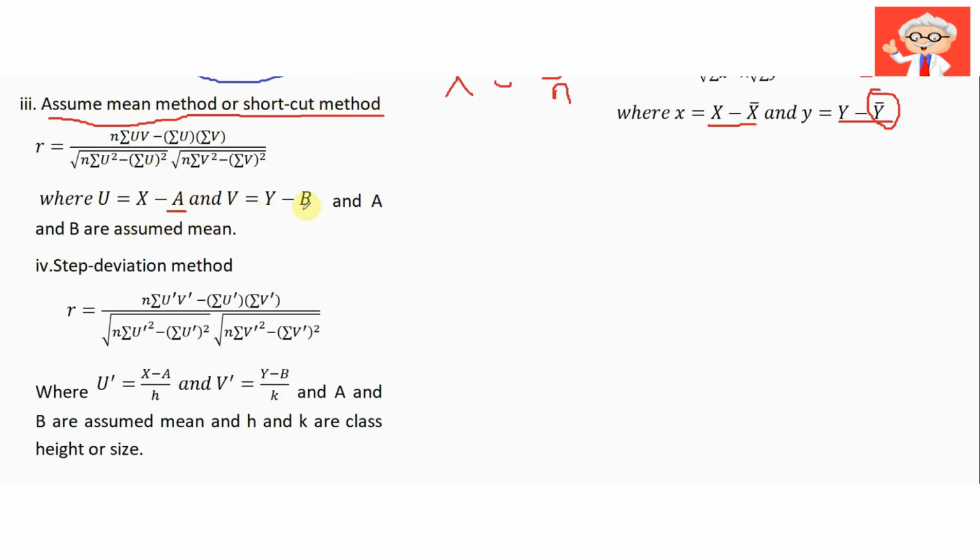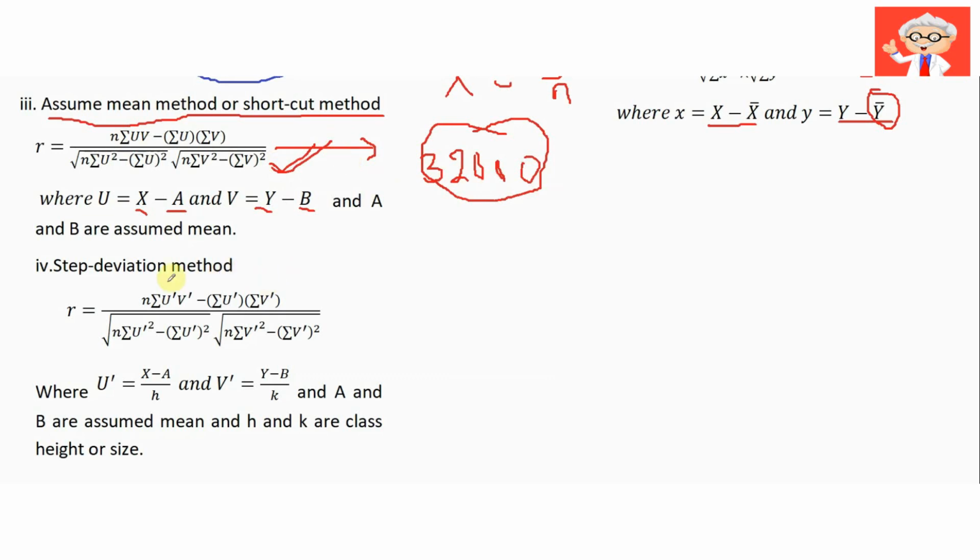Here A and B are the assumed means, and X and Y are the two variables. By using these, we can also calculate the correlation between two variables. This method is useful when we have voluminous data. Voluminous means data with more than two digits, like 32,000 or something like this. At this time we can use this formula, which reduces the voluminous data into a smaller form.